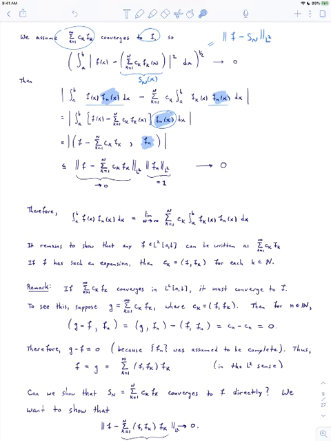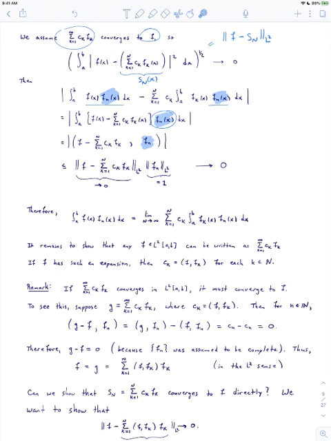We also know that if this series converges, it must converge to f. That is to say, if the coefficients are made in this way, so c_k is equal to the inner product of f with f_k, if you construct a series this way, using f to make the coefficients, then if it converges, it has to converge to f.